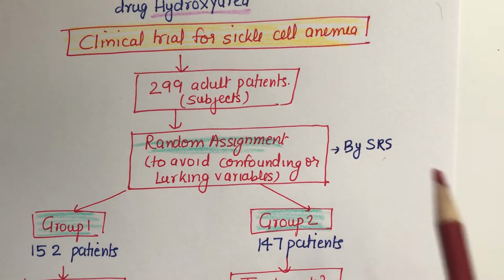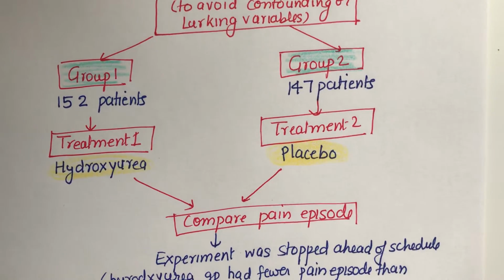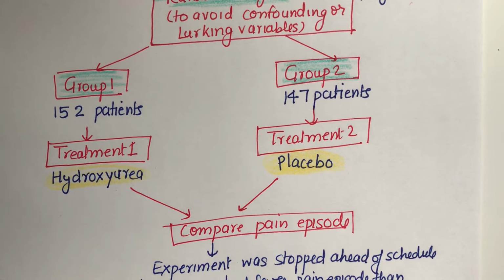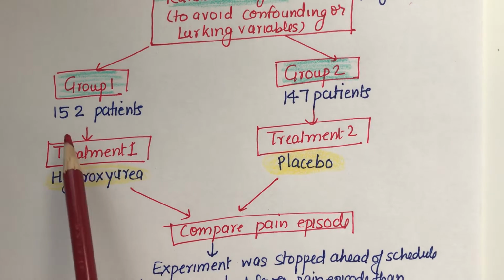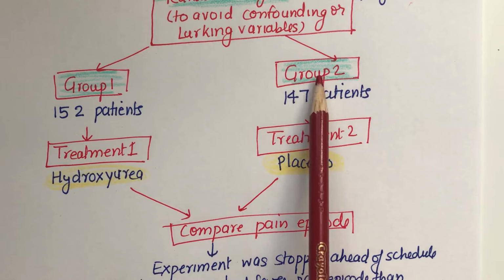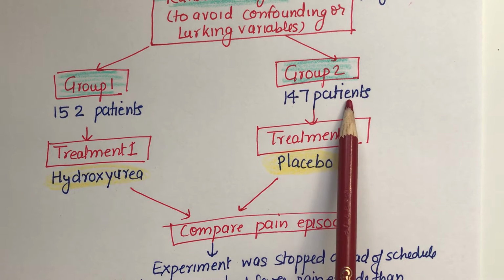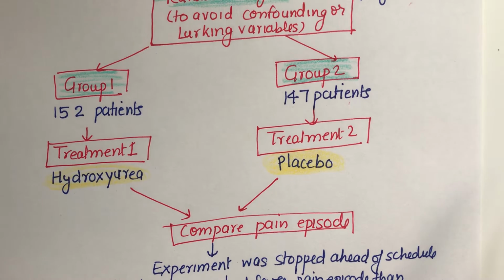Now there were two groups created. The first group had 152 patients and the second group had 147 patients. How were these two groups created? By simple random sampling to avoid any confounding.